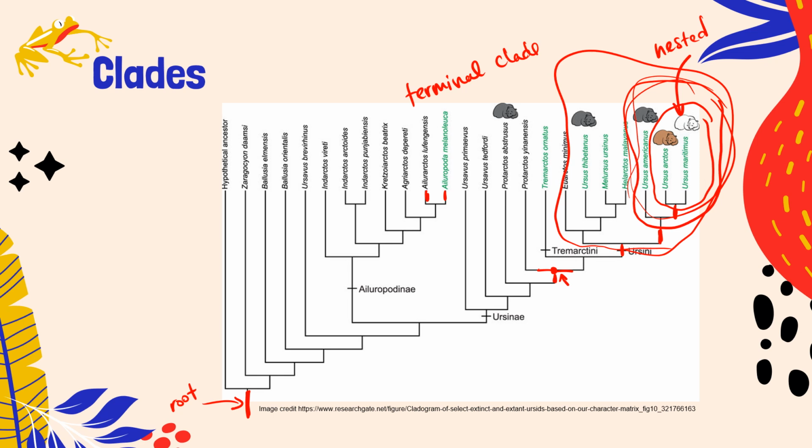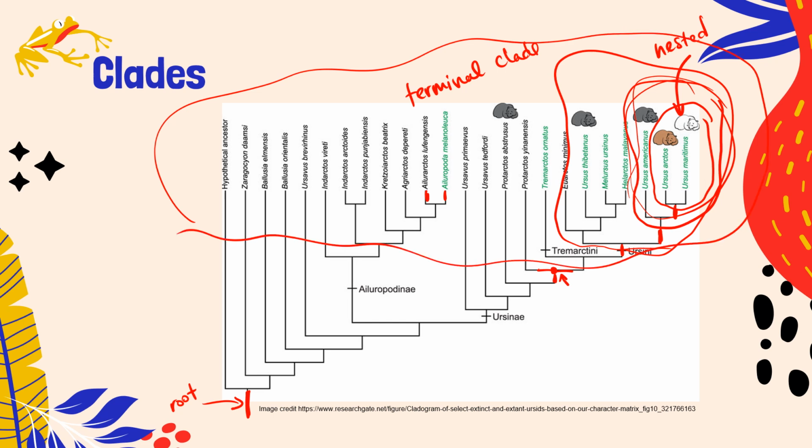This root, this common ancestor, gave rise to all of these different species of, these happen to be bears. But what's super cool is that only the green fonted bear species are the ones that are still in existence. These guys, all extinct.